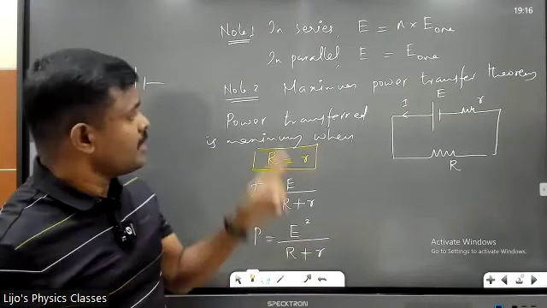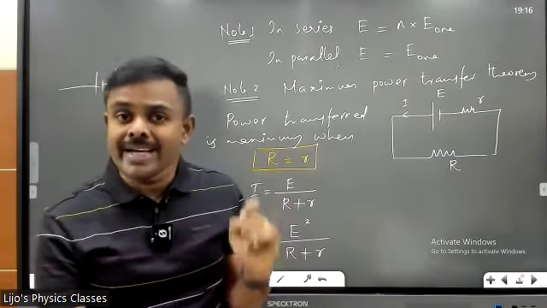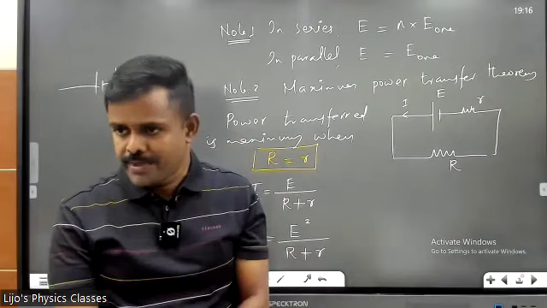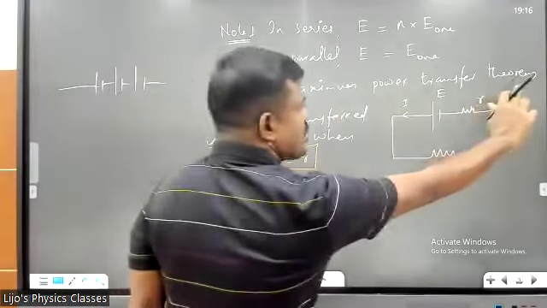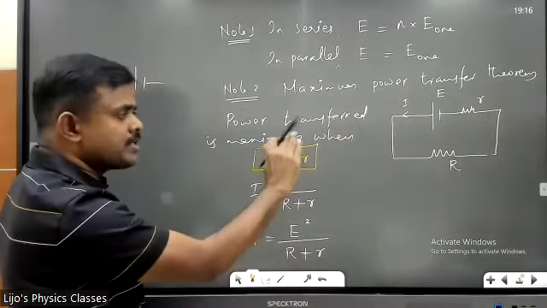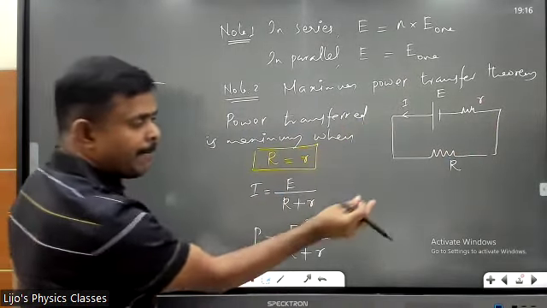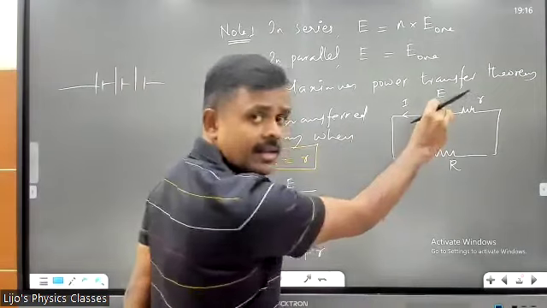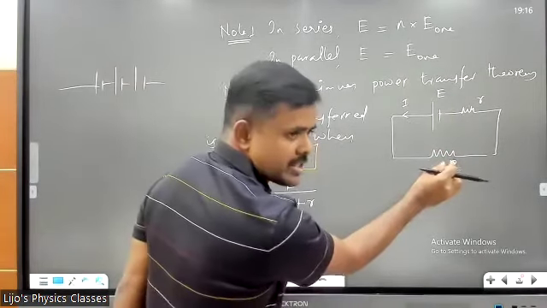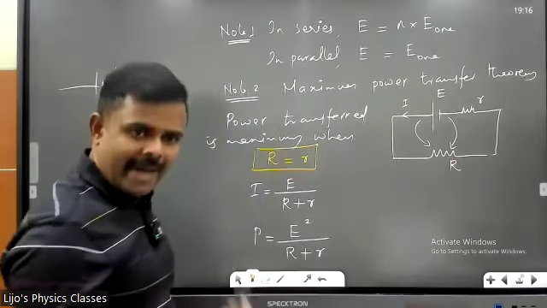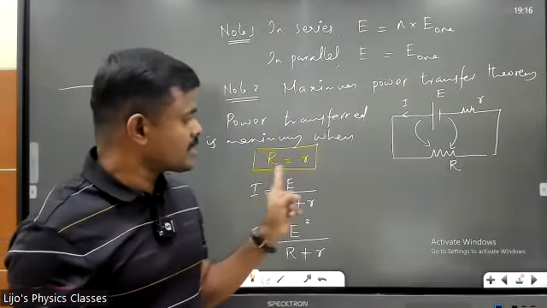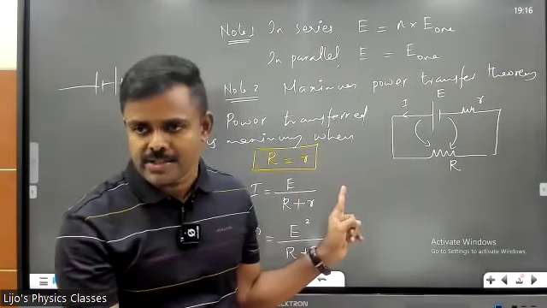Got it? Now, I told you something called the maximum power transfer theorem, proof of which is not needed. The maximum power transfer theorem tells you that the power transferred by the cell to the resistor is maximum when external resistance is equal to internal resistance.